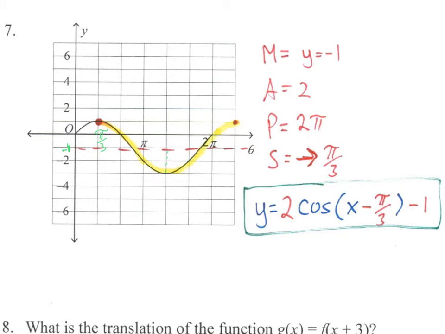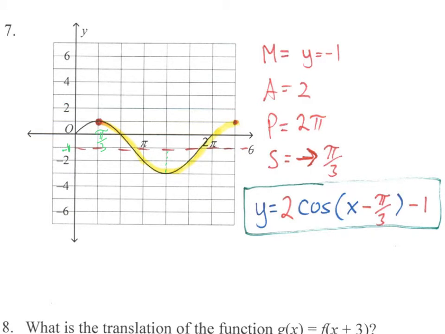Period, how do I know my period's 2 pi? Well, if you look at it carefully, it didn't start from here to here. Or actually, let me start over. From here, if I kept my graph going, wouldn't it hit right here? So if I started from a third, I go to another third, you can kind of see the period's 2 pi. You could also look at all the answers and notice what the numbers in front of the x's are. If they're all the same, you don't have to worry about the period.